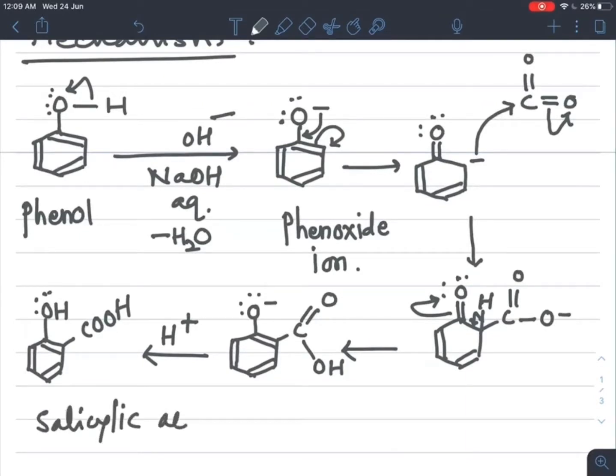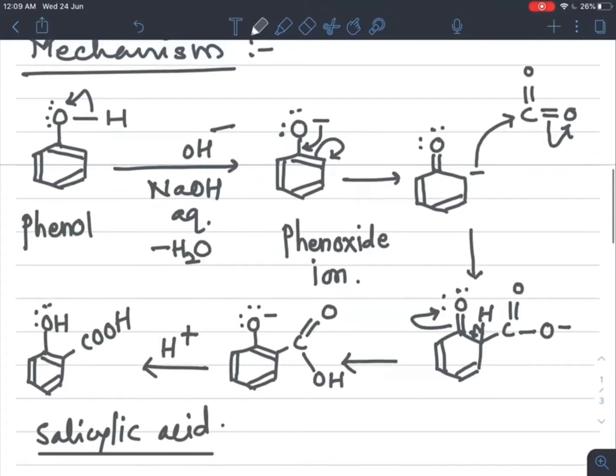Salicylic acid is formed, and this reaction is nothing but the Kolbe reaction. So what is the mechanism? See here, in phenol the OH bond breaks heterolytically because NaOH supplies OH minus, and this OH minus attracts this H plus towards itself, and this oxygen attracts this pair of electrons towards itself due to its electronegativity.